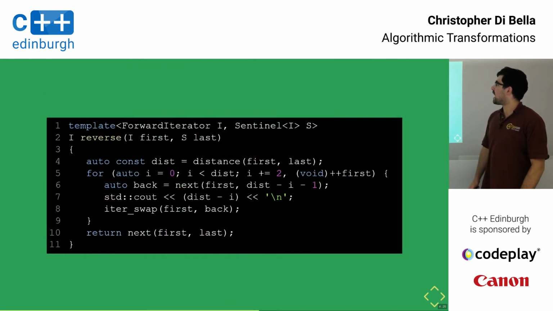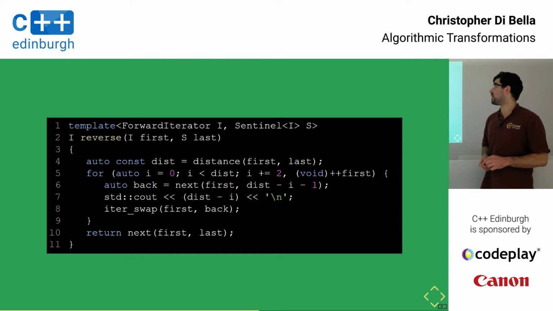All right. Using a forward iterator, because it's a new shiny thing that we've been talking about, this is an implementation of a reverse algorithm with some debugging information. But it's incredibly slow because it has an n-squared implementation.